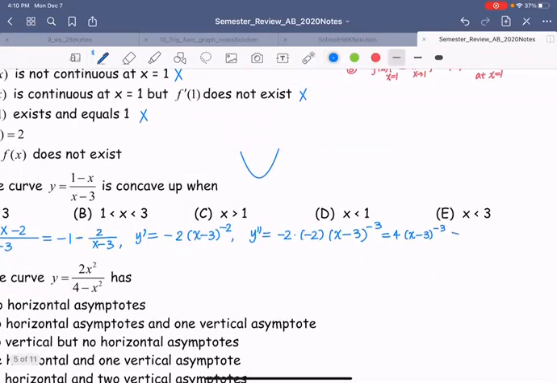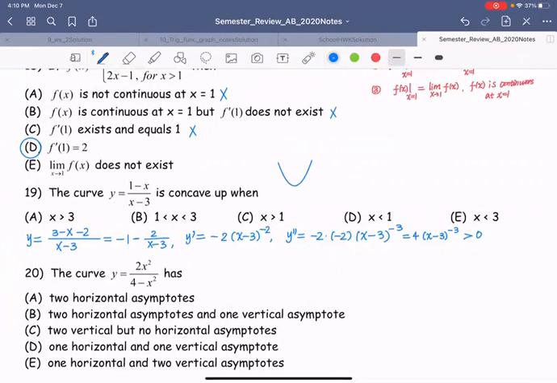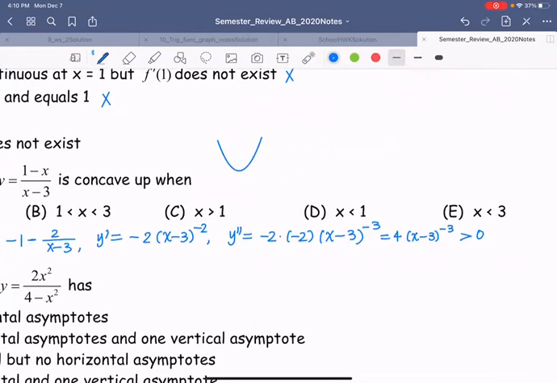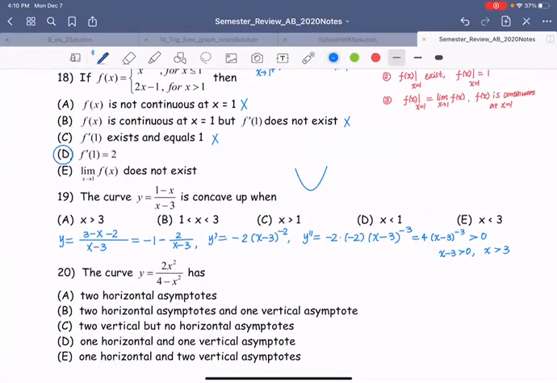And concave up is positive. So what's your answer? It needs to be positive. Then it'd be what, 3, right? So this guy will be positive. So x bigger than 3. Does that make sense? So the 1, we don't need to worry about the 1. Not really.